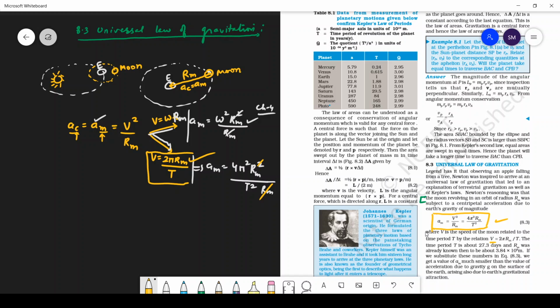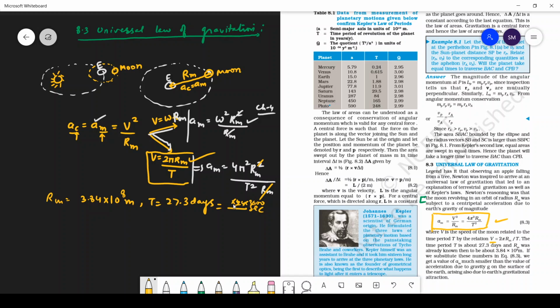So what is Rm? Rm is equal to 3.84 into 10 to the power 8 meters, and T is equal to 27.3 days. Okay, so change it into seconds. Multiply by 24 and then multiply by 3600.